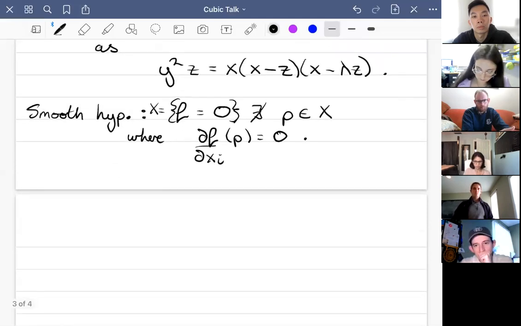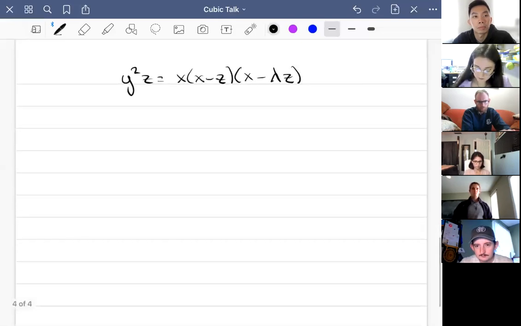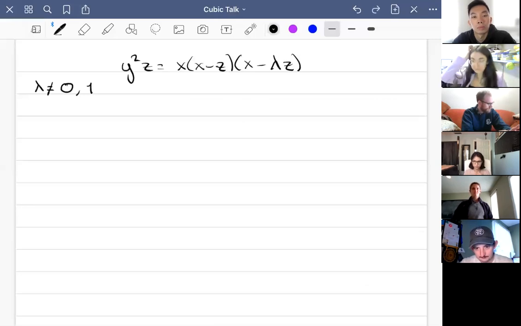Okay, so if I have this equation for my cubic, let me write it down here again. I want my cubic to be smooth. In that case, you can see that lambda can be any complex number apart from 0, 1. Yeah, 0 or 1. Okay.